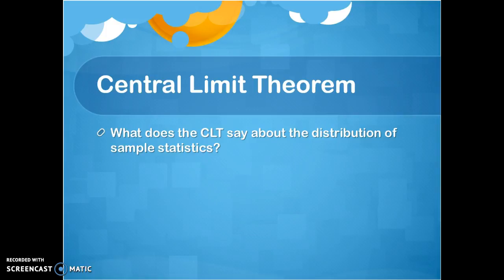What the central limit theorem lets us do is say something about the sampling distribution. Okay, remember that the sampling distribution is that thing that shows us the sampling variability. So it's like 1,000 different means from 1,000 different samples. That's the sampling distribution. The central limit theorem is about the sampling distribution.